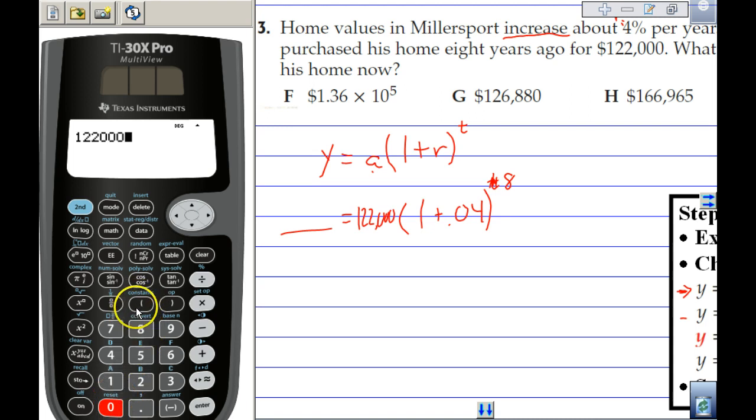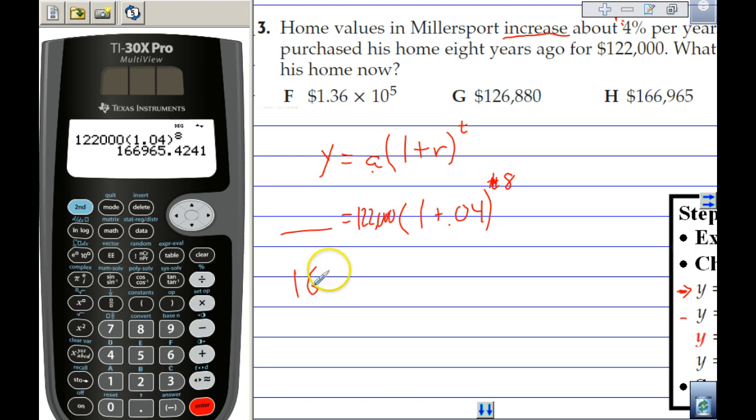1,222,000 times 1.04, and that's going to be raised to the 8th power. So this house is now worth approximately $1,666,965.